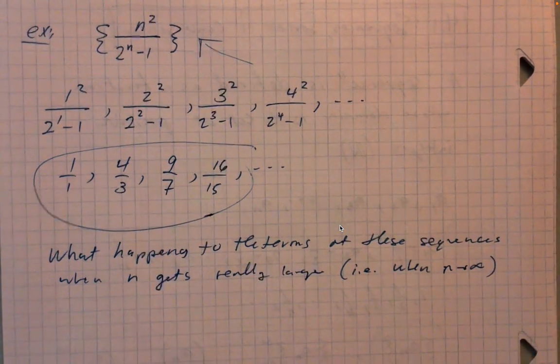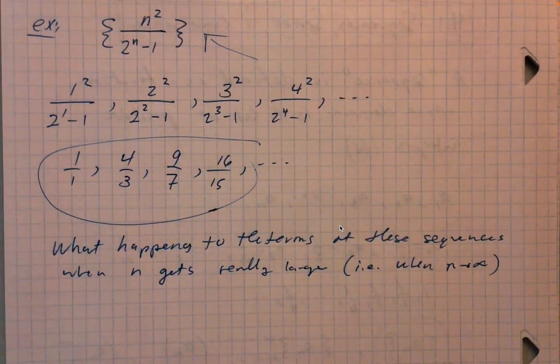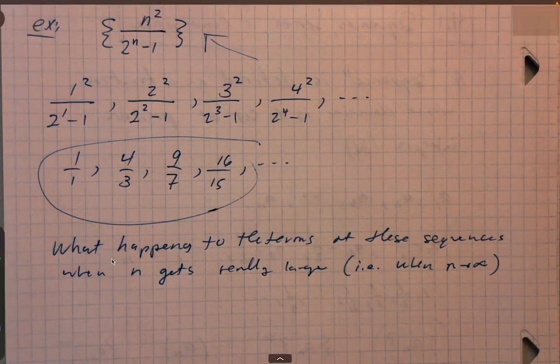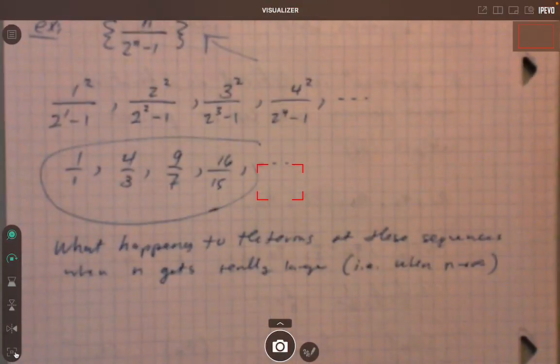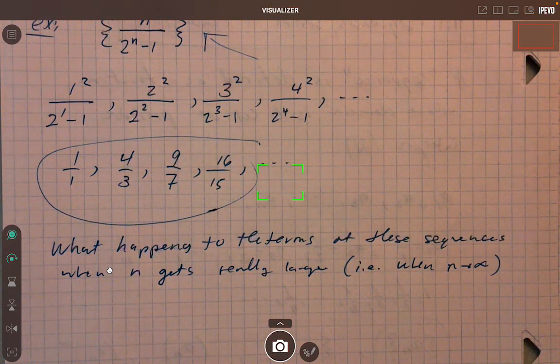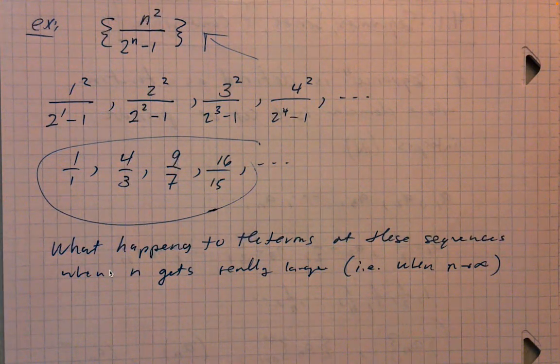So this is calculus class. Every math concept that we'll look at has to do with infinity. That's sort of the defining characteristic of calculus. So what happens to these things as n goes to infinity? What happens to the terms of the sequence very far out?